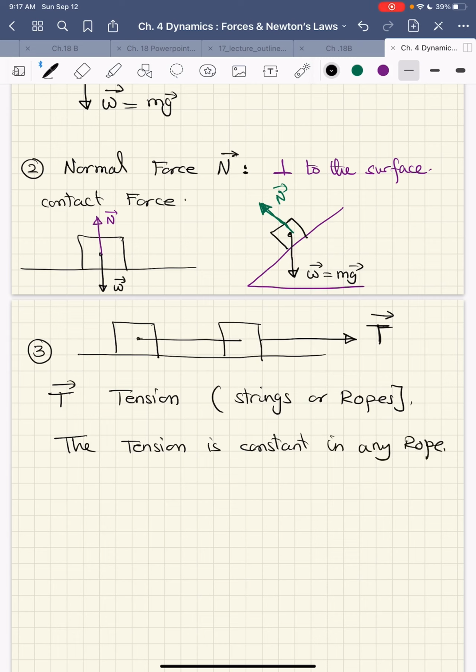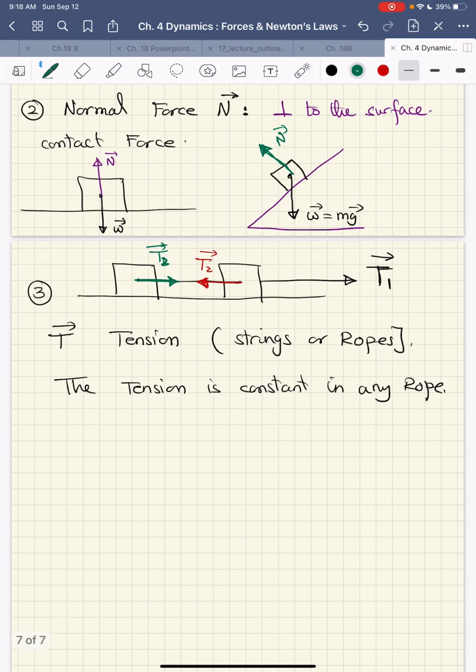Let me show you. For this one here, let's assume this one is T1. There is, of course, a tension in between the two. I will say this one is pulled by T2 in this direction, and the other object is pulled by that object with a T2 again. It's the same, but opposite in direction.